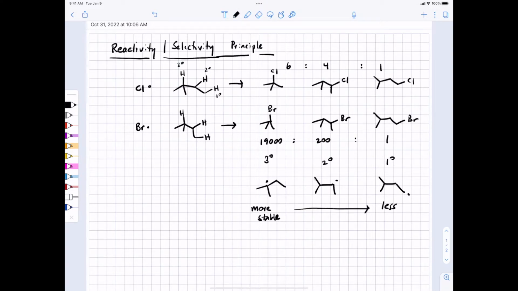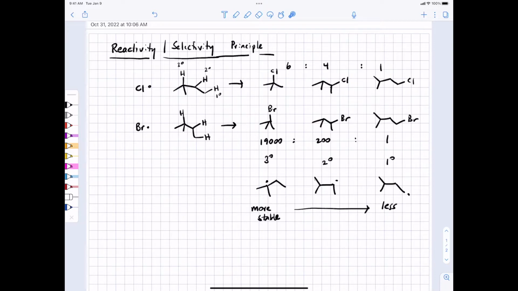The idea that people try to summarize is that chlorine radical is more reactive than bromine radical, and therefore chlorine, because, and they tend to anthropomorphize molecules, because it wants to react so badly, will not be selective.